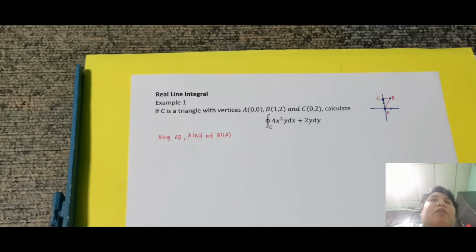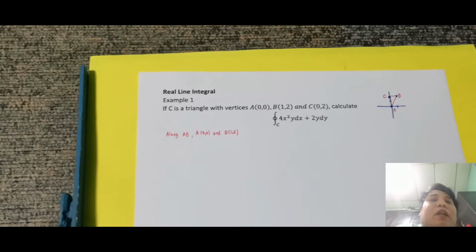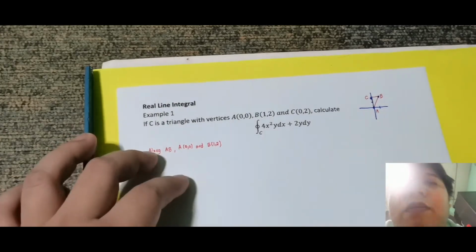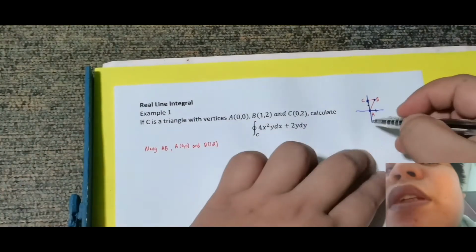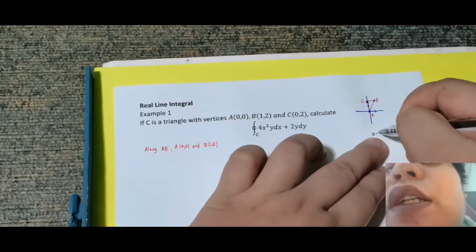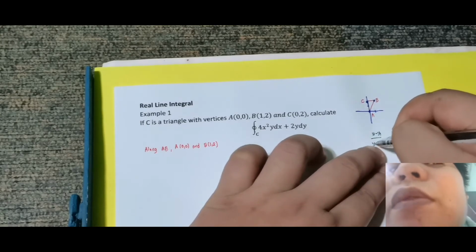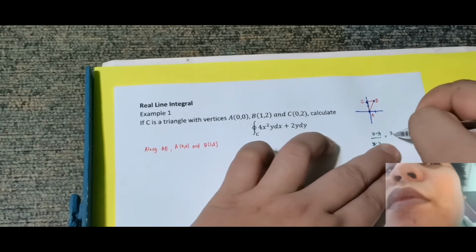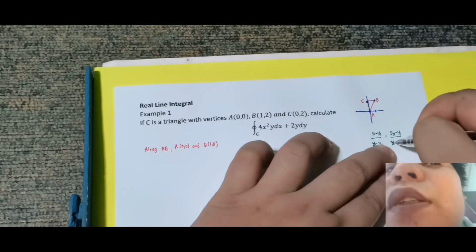Paano yung formula ng 2-point form? Pagkakaalala ko, ang formula ng 2-point form is (y minus y sub 1) over (x minus x sub 1) is equal to (y sub 2 minus y sub 1) over (x sub 2 minus x sub 1).